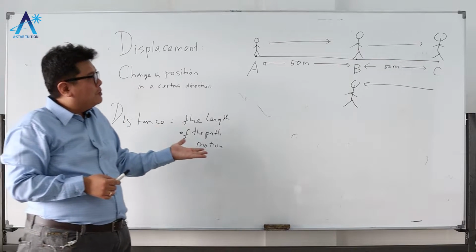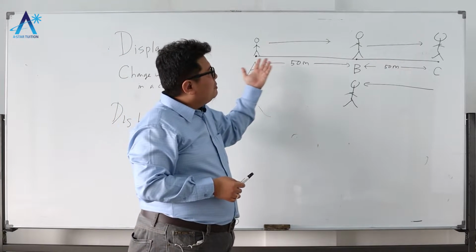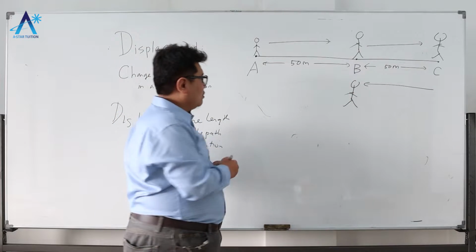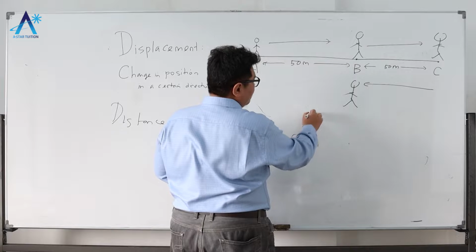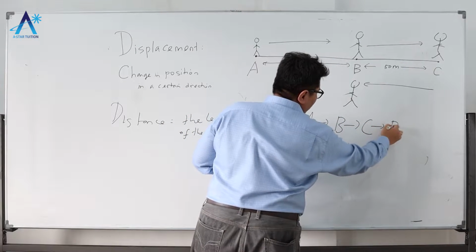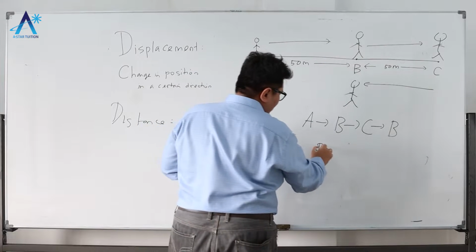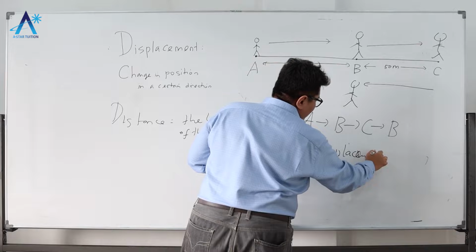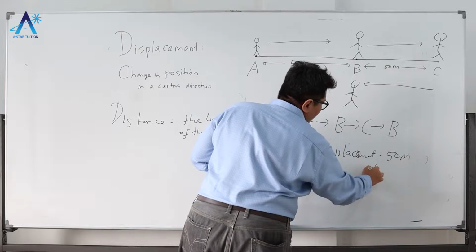So there's no difference between the displacement before and the displacement in this case. We still say that the displacement is still 50 meters to the right.